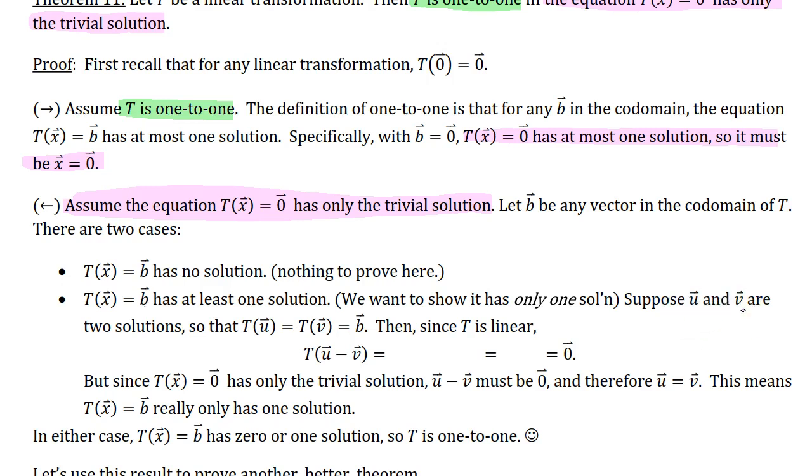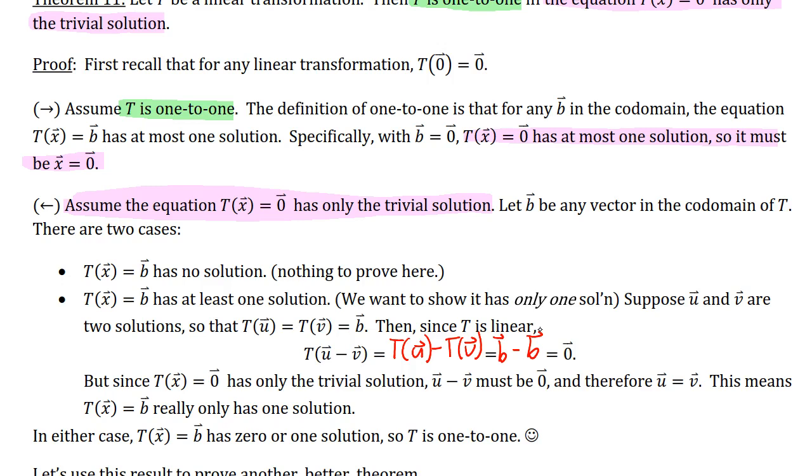So if u and v are two different solutions, then T(u) = T(v) = b, and you can use the linearity property to say that T(u - v) is the same thing as T(u) - T(v). And T(u) is b, is what we're assuming there, and T(v) is b, so this is the same thing as b - b, and that gets you 0.